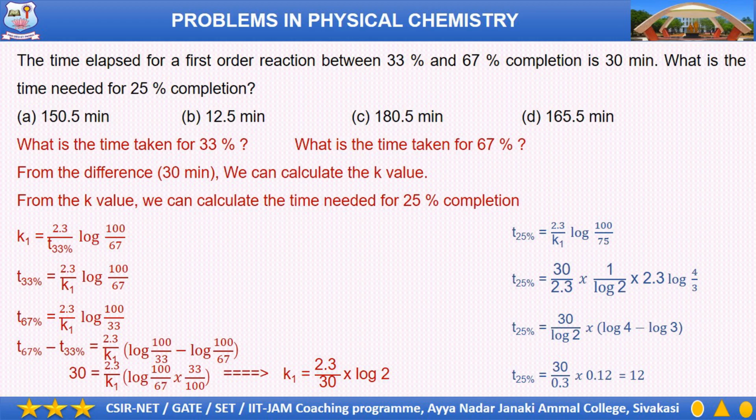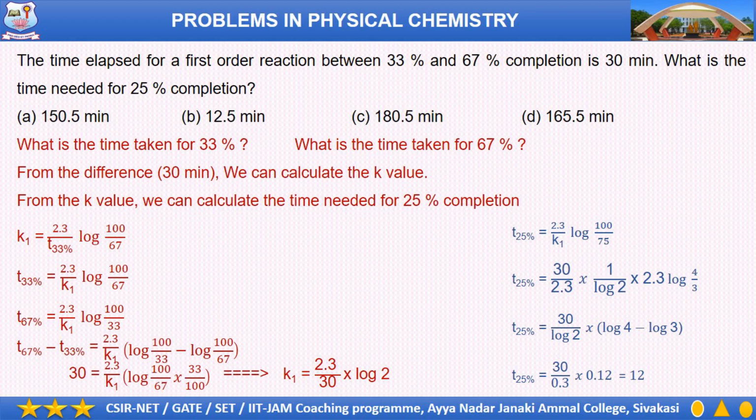You can work out T 33%. K1 is equal to 2.3 by T 33% times log of 100 by, this percentage is given. 33% is completed, therefore the remaining is 67.